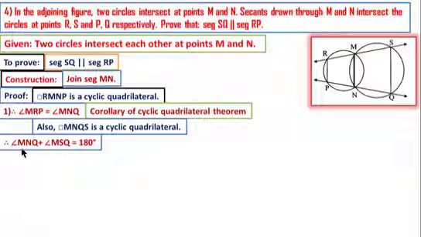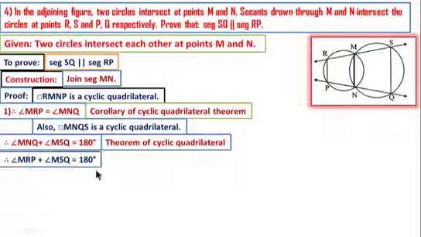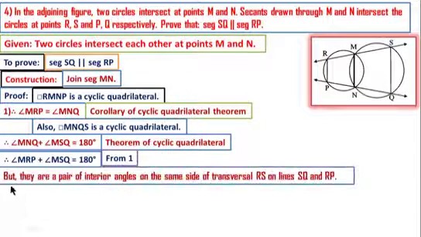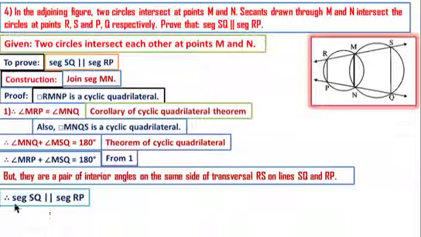Therefore, angle MNQ plus angle MSQ is equal to 180 degrees, theorem of cyclic quadrilateral. Therefore, angle MRP plus angle MSQ is equal to 180 degrees, from 1. But they are a pair of interior angles on the same side of transversal RS on lines SQ and RP. Therefore, segment SQ is parallel to segment RP.